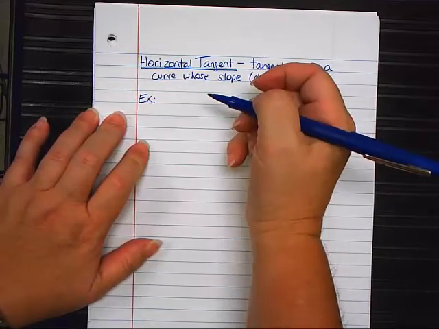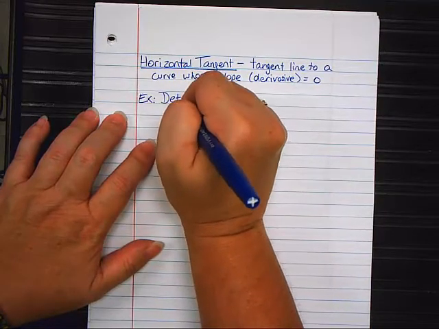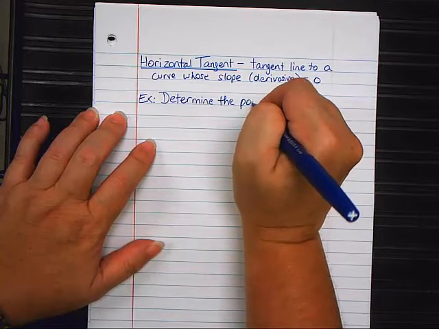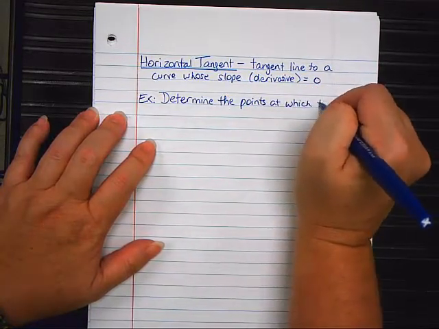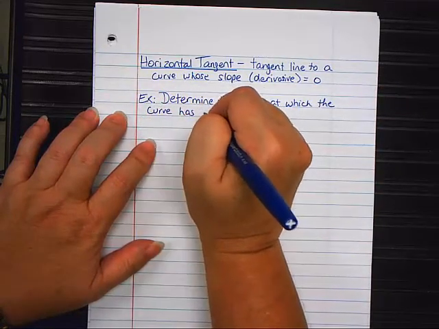In your homework, you're going to have a question that looks like this. It's going to say, determine the points at which the curve has a horizontal tangent.